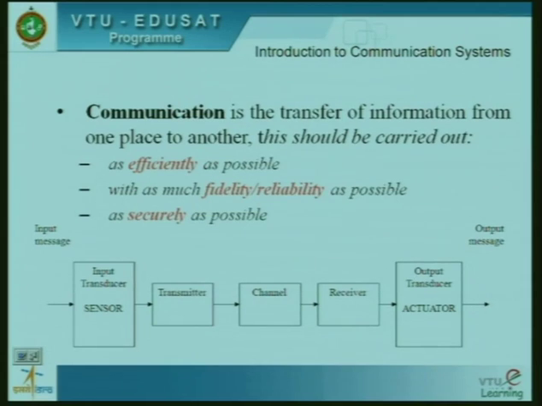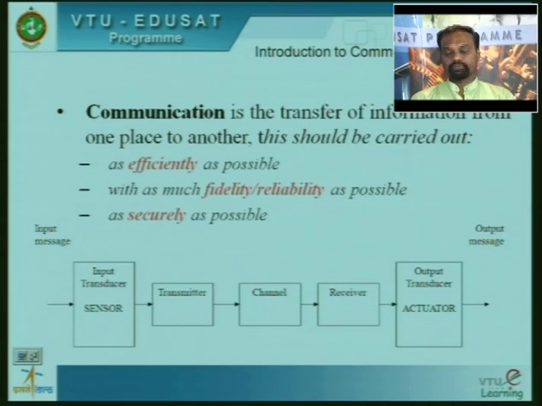The receiver does all the reverse processes to ensure that the information is extracted from the received data, and then the signal is given to an actuator which converts the electrical signal back to a physical quantity. A simple example of an actuator is a speaker. So, these are the elements of a simple communication system.